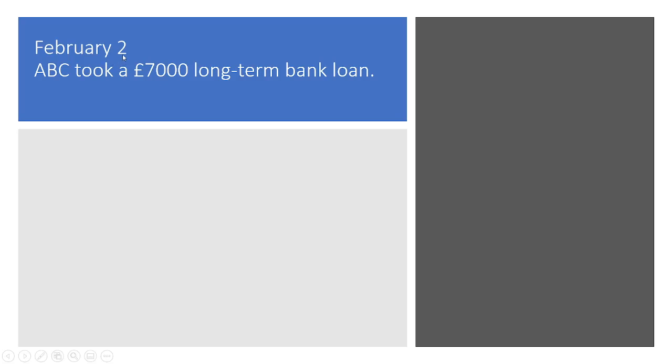and on February the 2nd, ABC took a £7,000 long-term bank loan. And what we need to do then is to consider that we receive cash, so we will debit £7,000, and we have to do bank loan payable. And payable means that we are going to pay someone, in this case the bank, for 7,000.